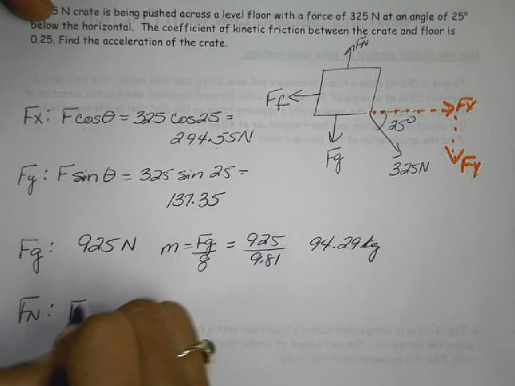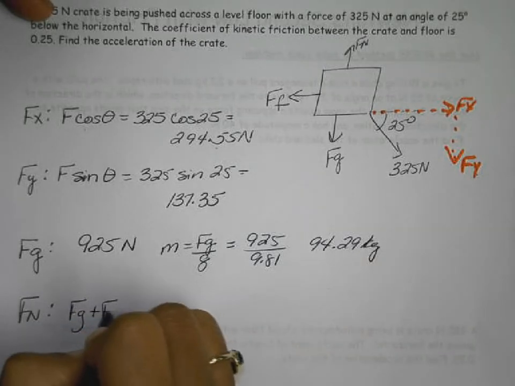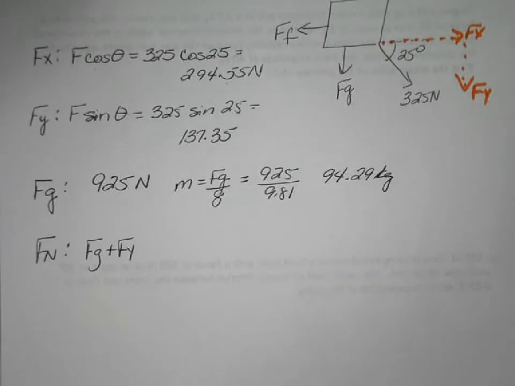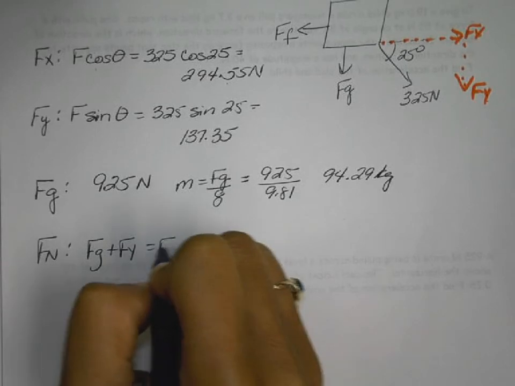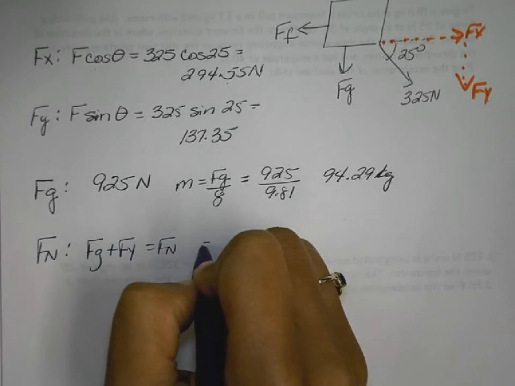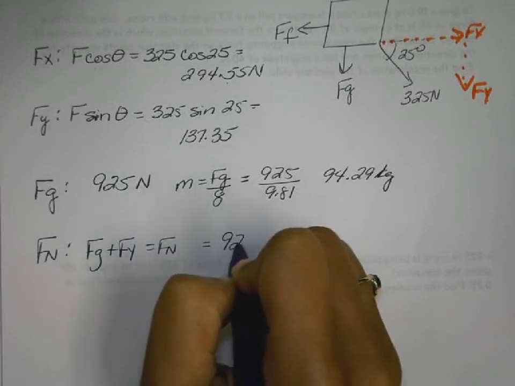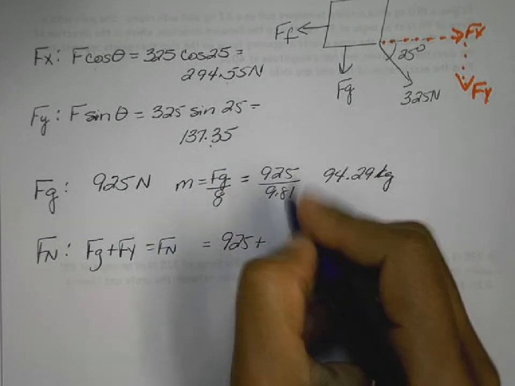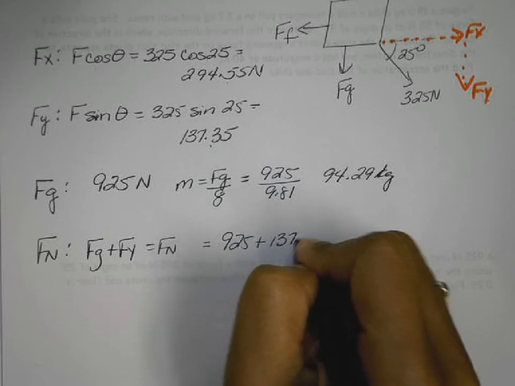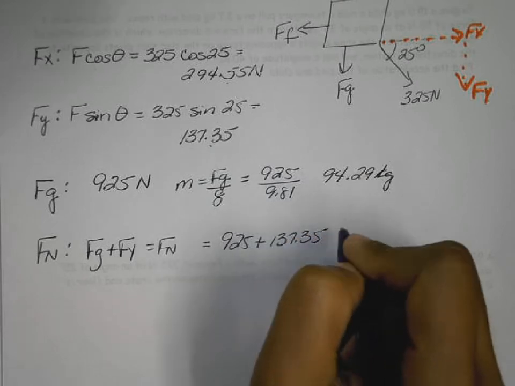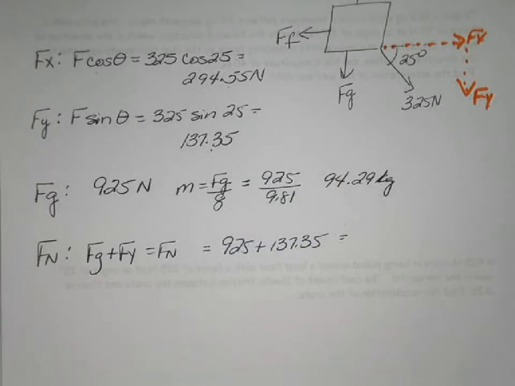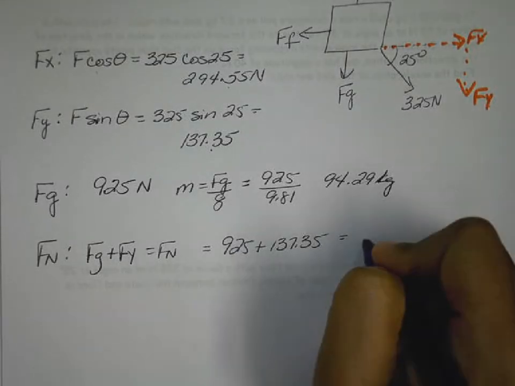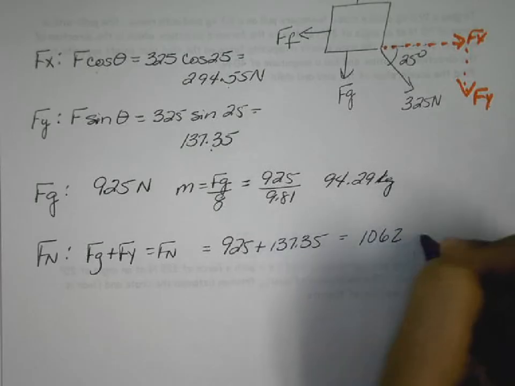So I'll write that. F of G plus force on the Y equals F of N. We substitute in. 925 plus force on the Y, we found right there, 137.35. Let me put that in. 1,062.35 newtons.